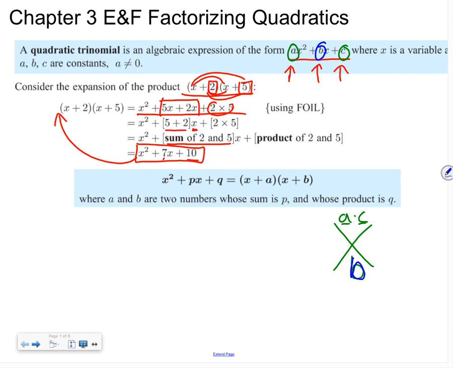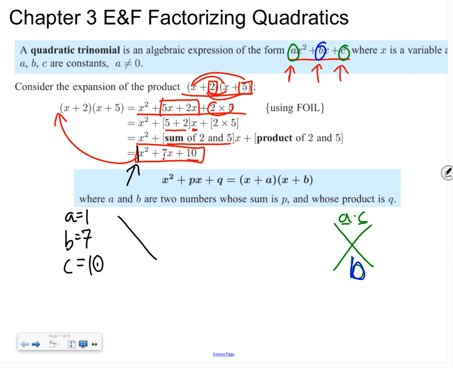So what that will look like, for instance, if we are being asked to factor something like x squared plus 7x plus 10. Well, for this one, we have an a value of 1, a b value of 7, and a c value of 10.